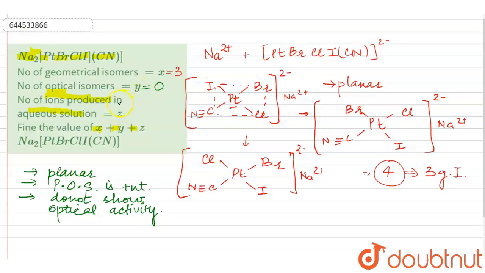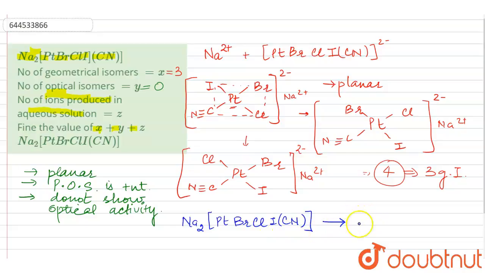Now they are asking the number of ions produced in aqueous solution. Suppose we take the given compound, Na2[PtBrClI(CN)], and make its aqueous solution.